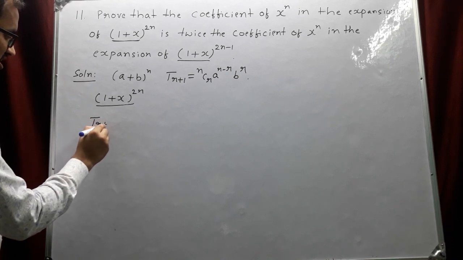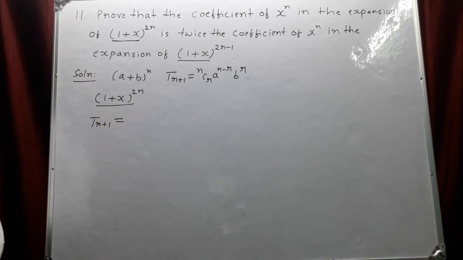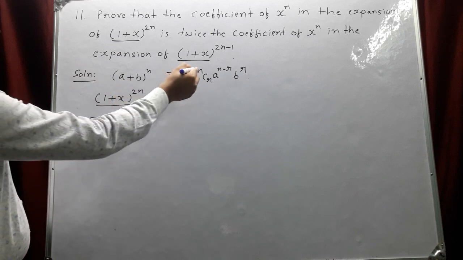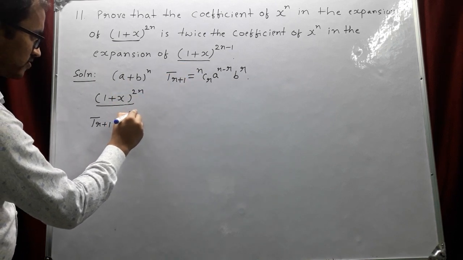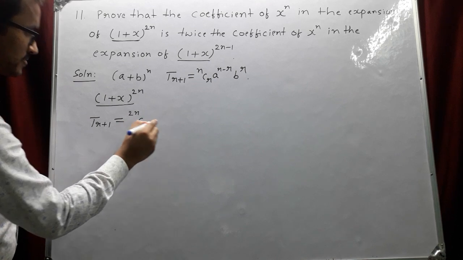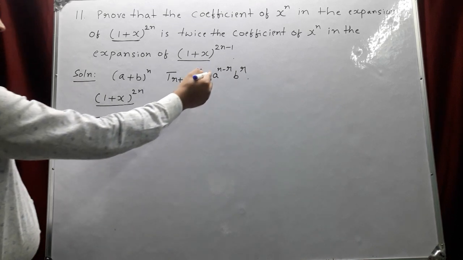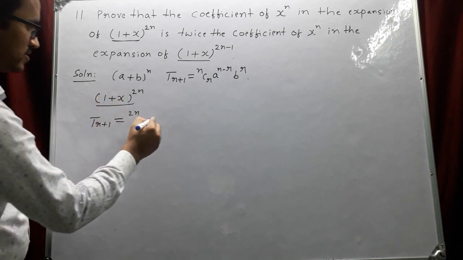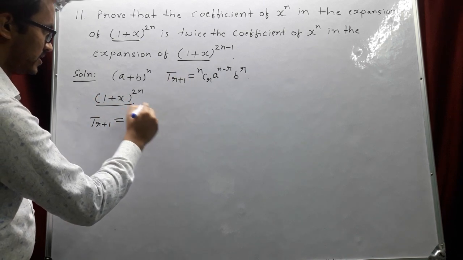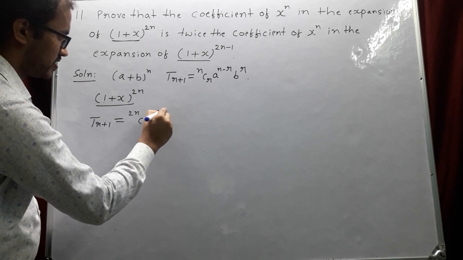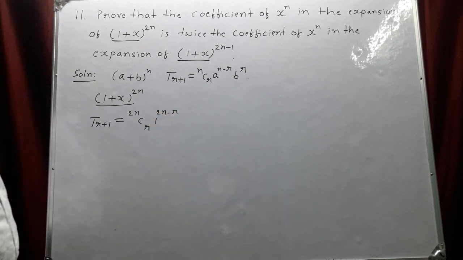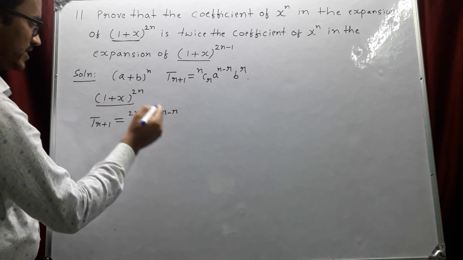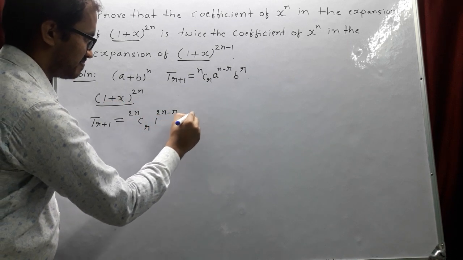T(r+1) = nCr, but the index here is 2n, so we take 2nCr a^(n-r). The a value here is 1, so 1 to the power of the index 2n minus r, into b^r. The b value is x, so x^r.